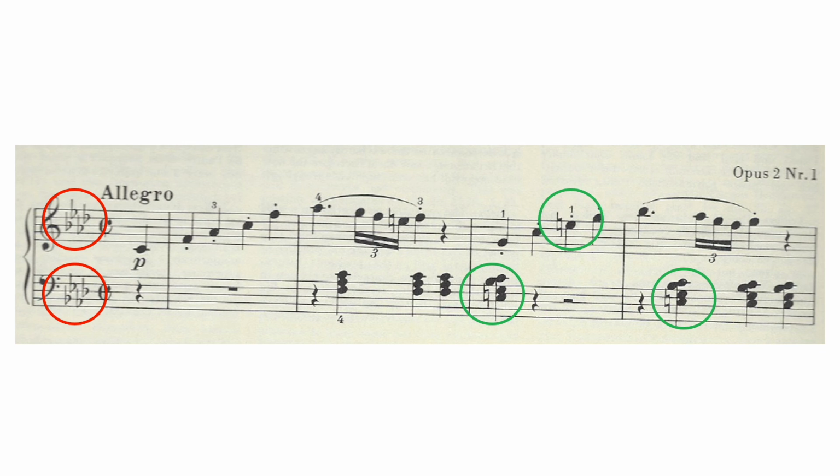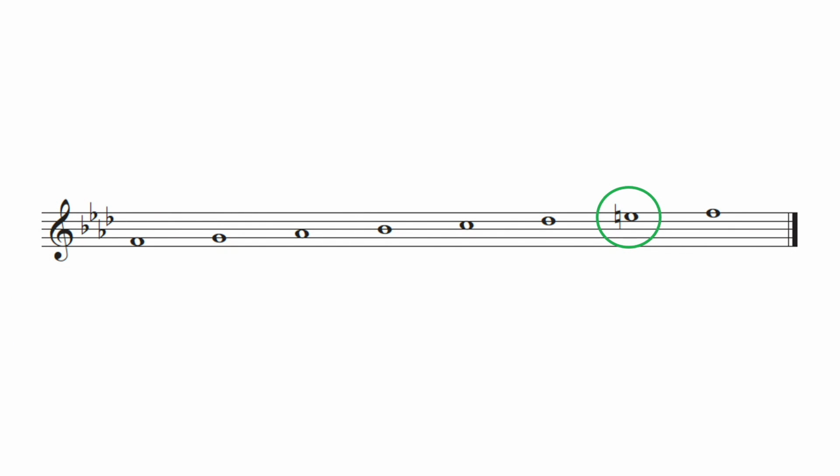When we think of an F minor scale, we see that E natural is a raised 7th. Because we have a raised 7th, it automatically becomes F harmonic minor. That E natural creates a leading tone to the F. So this piece is in F harmonic minor.